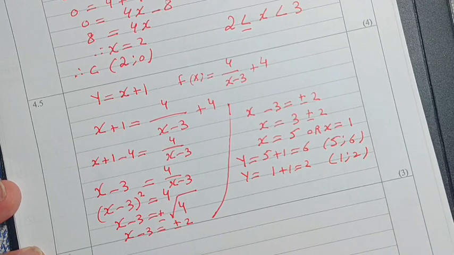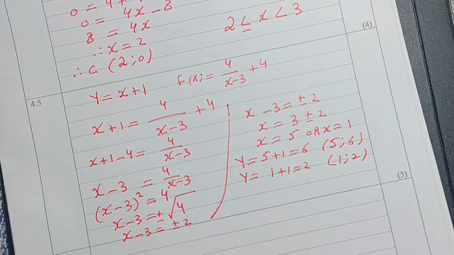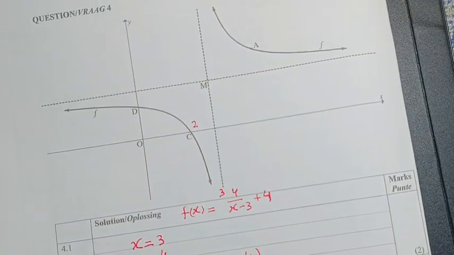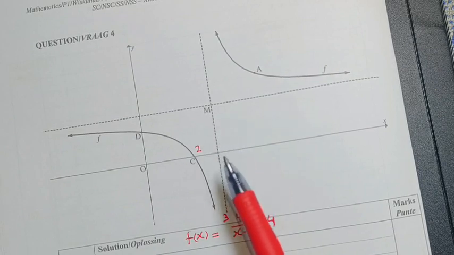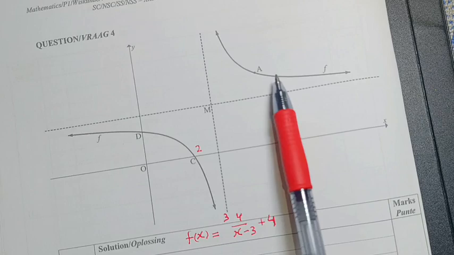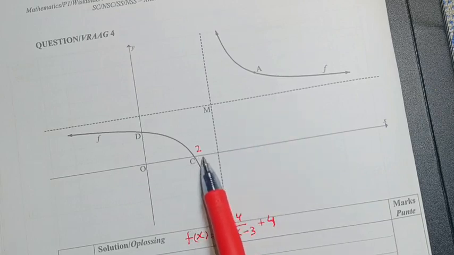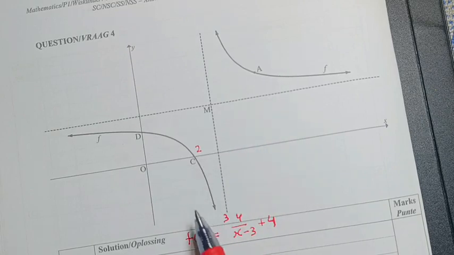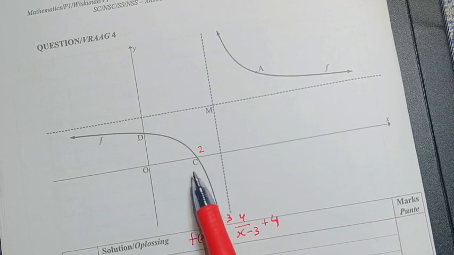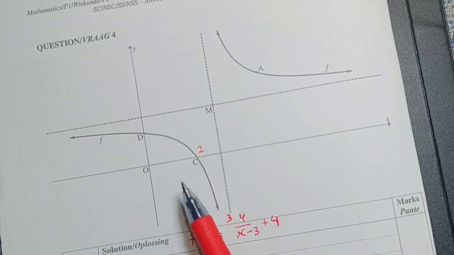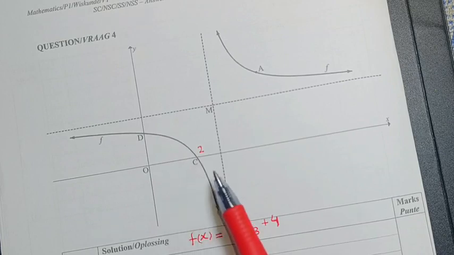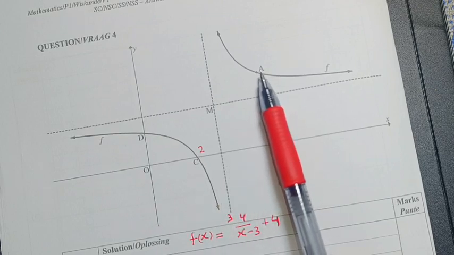Now which one must I choose here? Have a look here. The axis of symmetry is x equal to 3, so I can't choose 1 here. Why? Because 1 must be in here somewhere, and the graph cannot touch the asymptote. The graph will reach the asymptote but doesn't touch. So obviously I'm going to take 5 and 6.